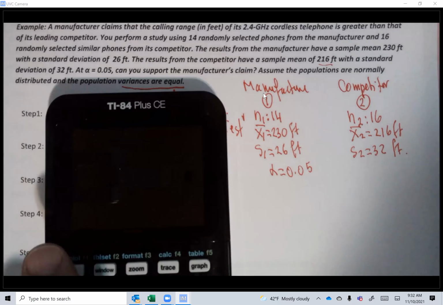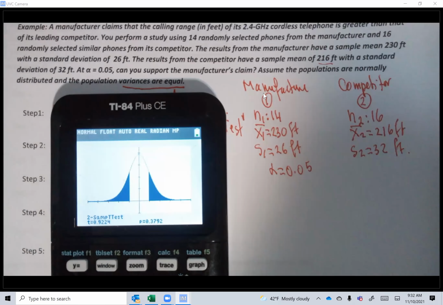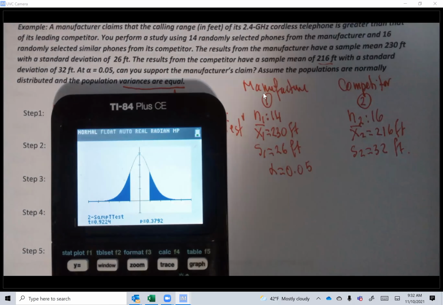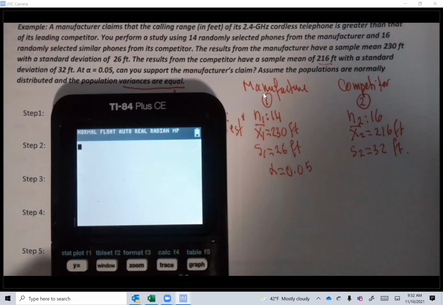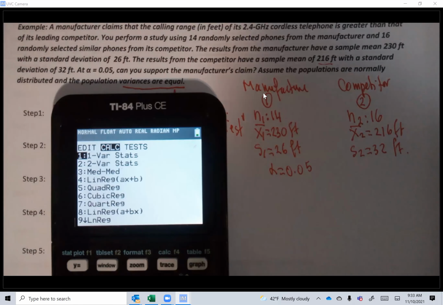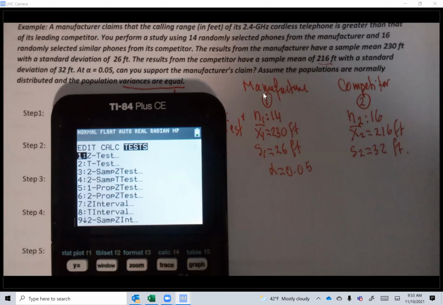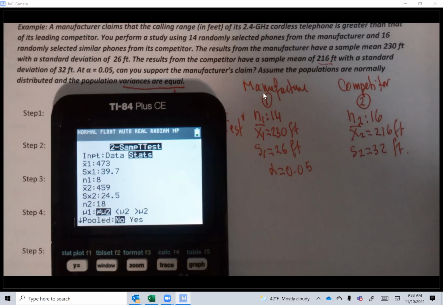Ready? Bring your calculator. Stat, Tests, Two sample t-test. Okay, x1 bar is 230. Please correct me if I make a mistake.